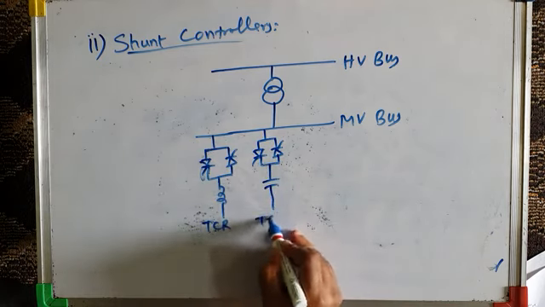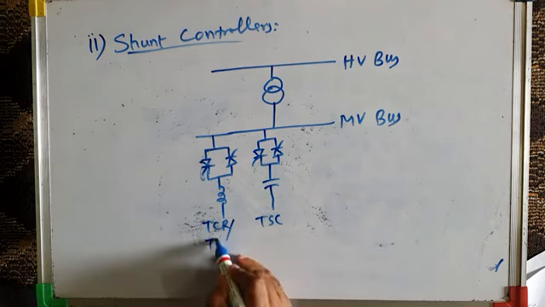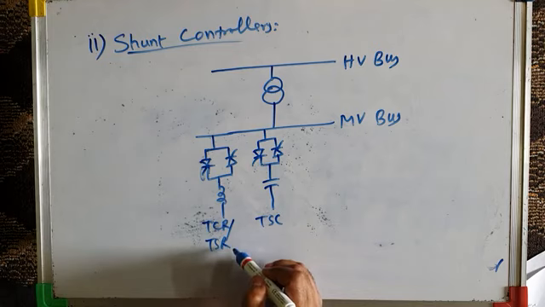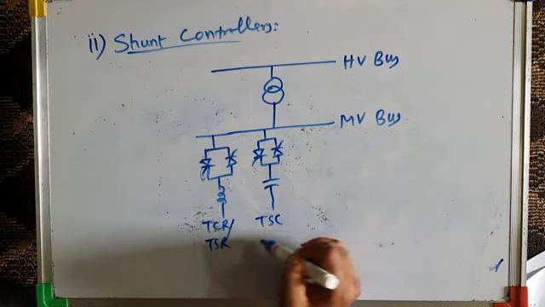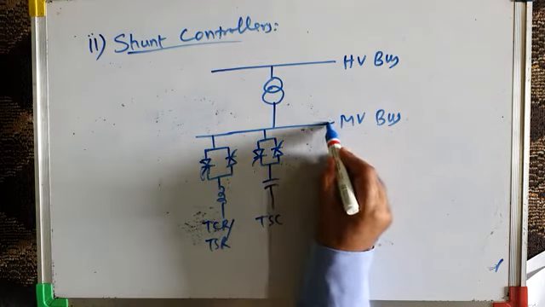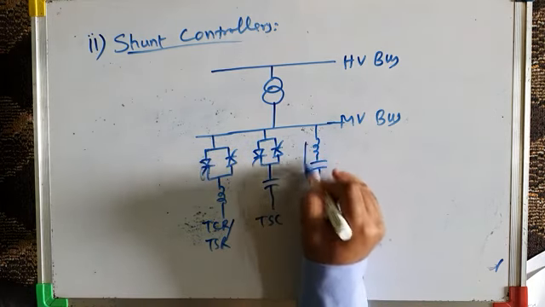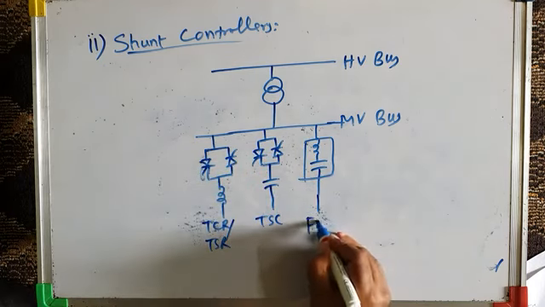This is called a thyristor switched capacitor, TSC. This is TCR or TSR. You can call it thyristor controlled reactor or thyristor switched reactor. Okay, this is the thyristor switched capacitor, TSC. And then you have a filter like this. You have an LC filter for removing the harmonics in the line. So this is the filter.